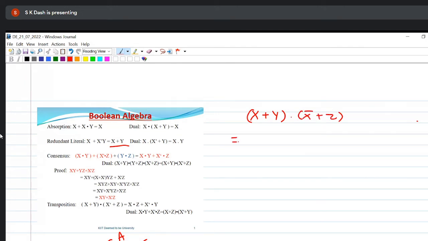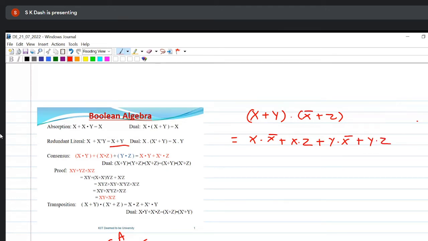If I open this bracket, what can I write? If we multiply these two, we can write x bracket x bar plus z plus y. This will become x dot x bar plus x dot z plus y dot x bar plus y dot z.